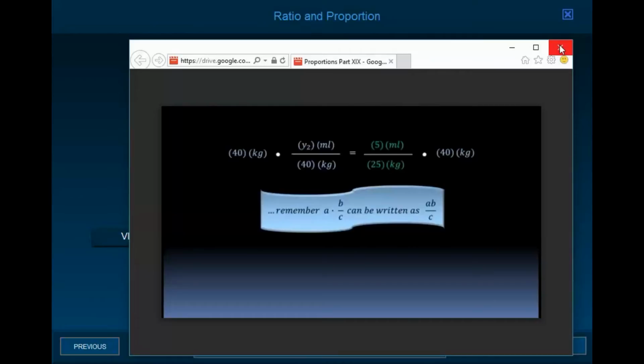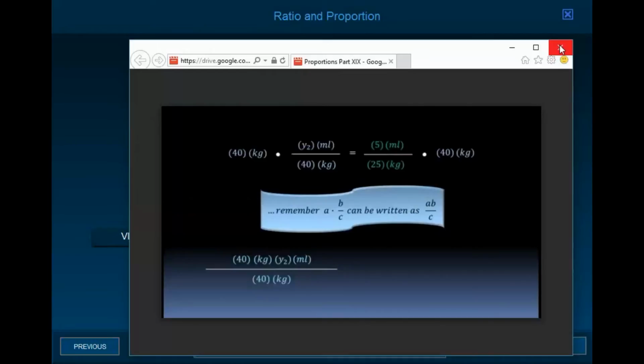Looking at our equation on the left-hand side, we have 40 kilograms times y sub 2 milliliters over 40 kilograms. So we can rewrite the left-hand side of this equation as 40 kilograms times y sub 2 milliliters over 40 kilograms.